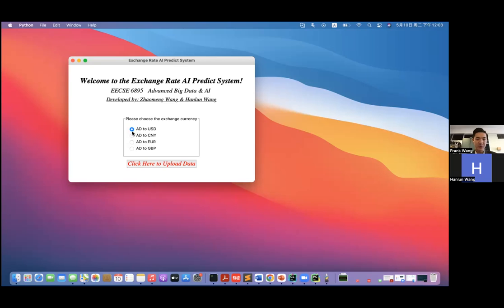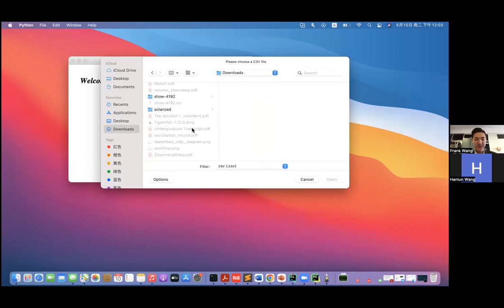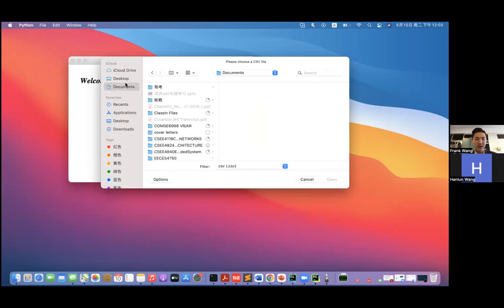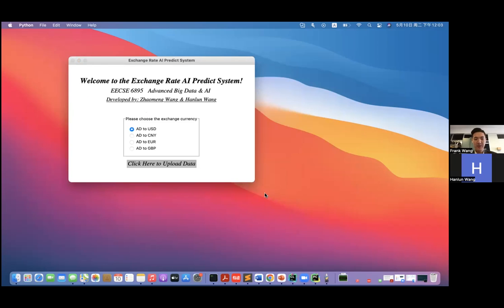For example, if you want to predict the exchange rate between Australian dollars and US dollars, you can choose the first option, and then click this button to upload the data used by the model to do the prediction. For example, I just upload the CSV file of the exchange rate and interest rate, and I click open, and you can wait.